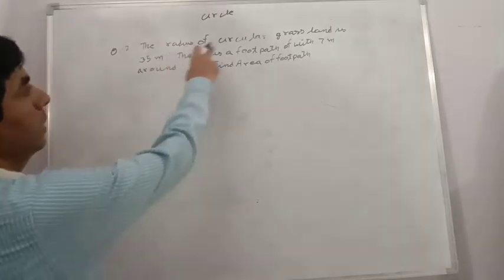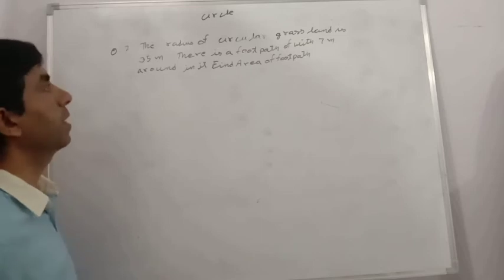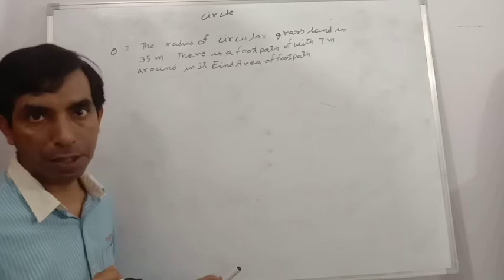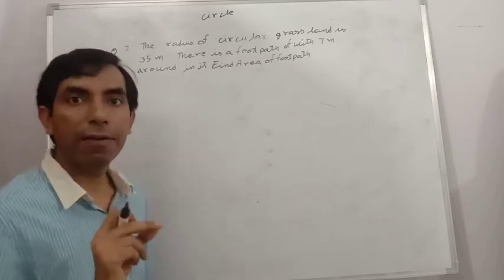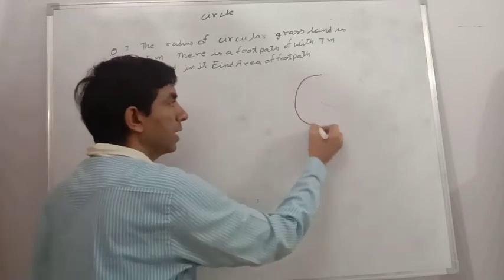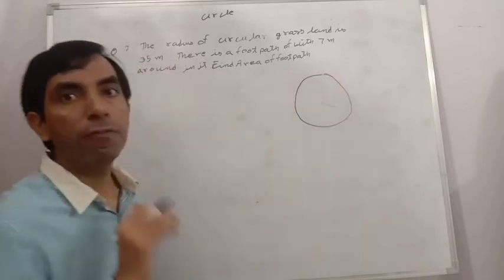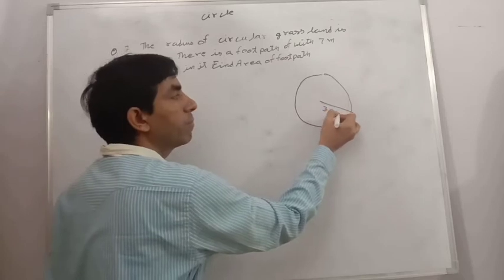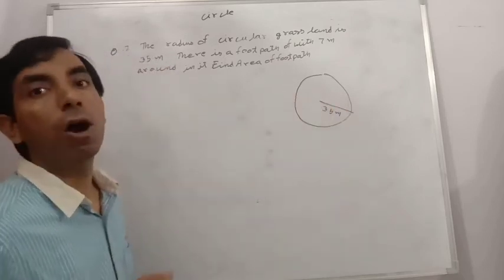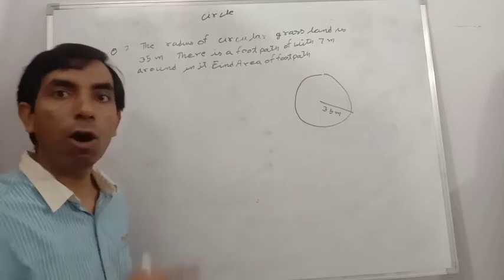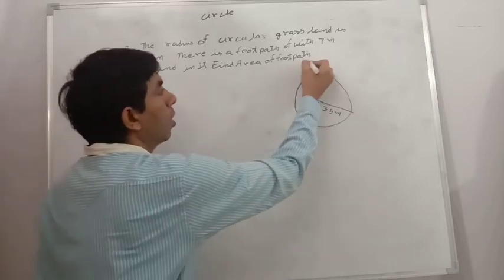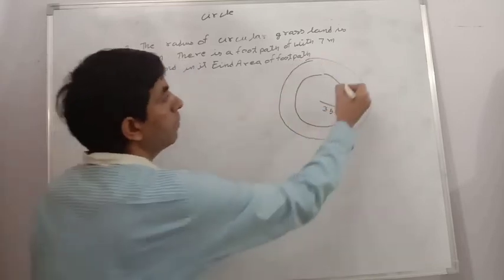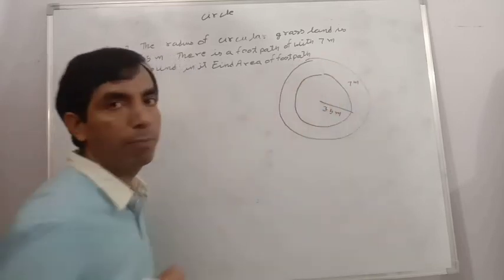Here we have given the radius of a circular grassland is 35 meter. There is a footpath all around it, its width is 7 meter. So here we have a circle, and we have given its radius, that is 35 meter, and a 7 meter wide path all around it, means on all sides we have a 7 meter path, means its thickness is 7 meter.